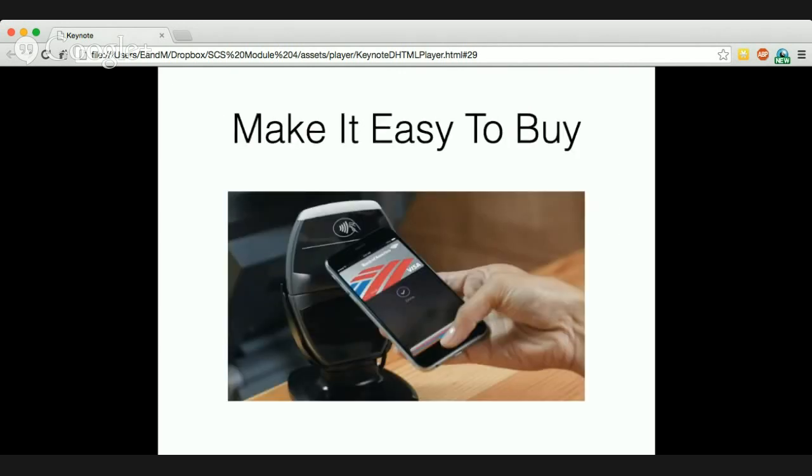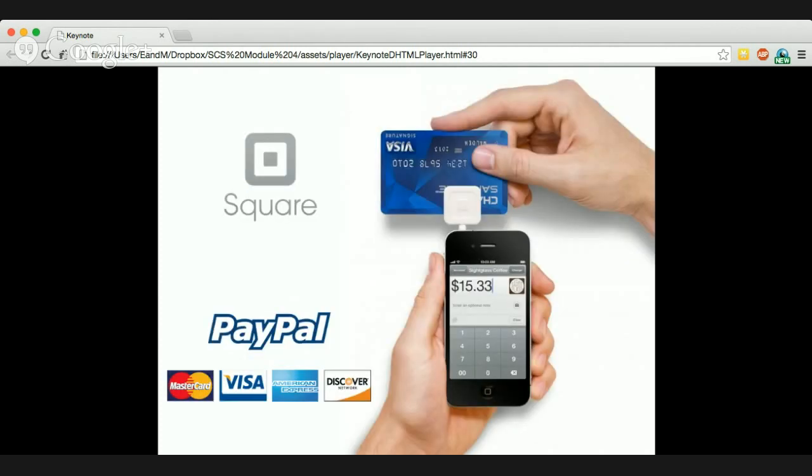Finally, make it easy to buy. Why did Apple come up with Apple Pay? Because buying could be easier than swiping a credit card and signing as they do in the States, or putting in a credit card and punching in a PIN as we do here in Canada. Make it easy. So what do I recommend? Get yourself one of those Square readers. There's a number of different readers out now.